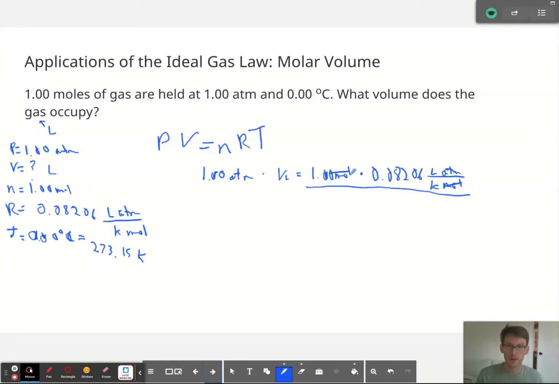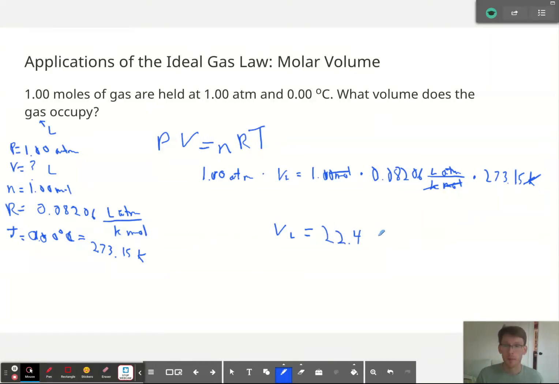I'm going to be multiplying it by the temperature, which is 273.15 Kelvin. Our Kelvins cancel out. And if I divide both sides by the 1.00 atmospheres, I will get V liters is equal to 22.4. I encourage you to do the calculation yourself, but it's 22.4 liters.